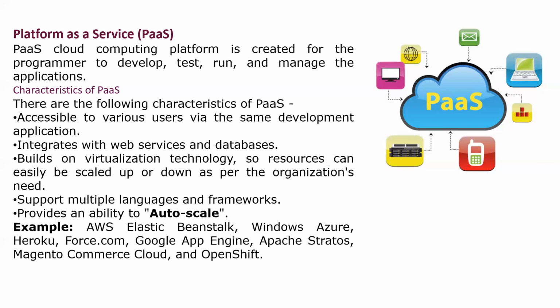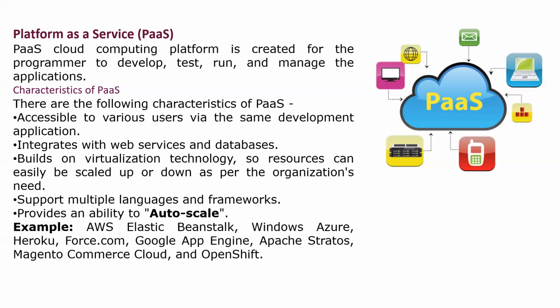It supports multiple language frameworks. As I told you, you can use a smaller part or a bigger part. This can be called auto-scaling. So this auto-scaling ability is there in platform as a service, which is provided by the cloud.